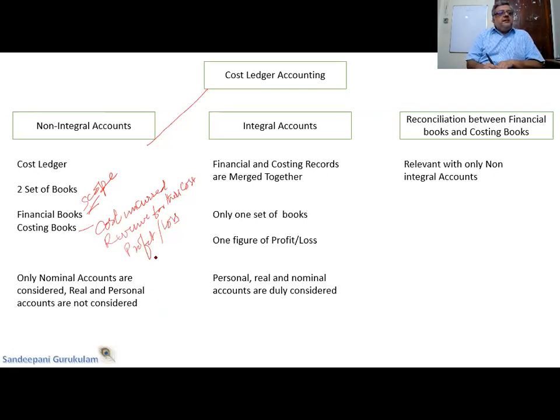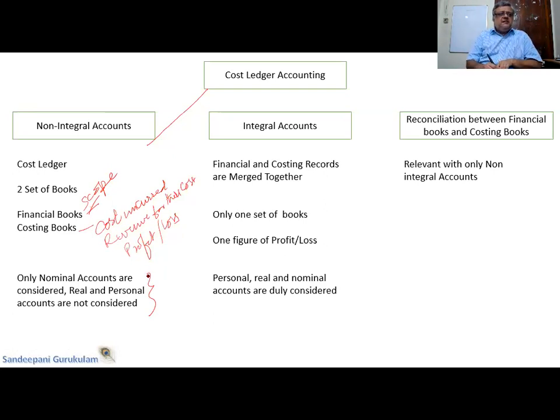And in costing, only the nominal accounts are considered. The real accounts and personal accounts are not considered. I hope you are well aware of the three golden rules. Right from the 11th standard, you would be hearing this: real account, personal account, and nominal account.